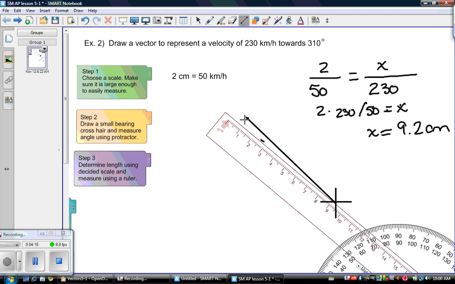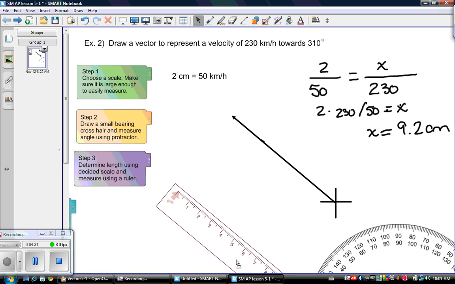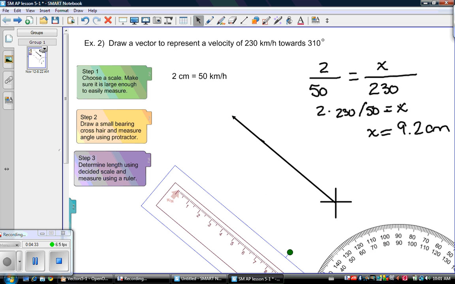I want it to line up with my mark for my angle and make it 9.2 centimeters. There's my line with the proper angle. It's important to use a sharp pencil because we will be measuring these later to come up with answers. So move the ruler out, and there is our vector.